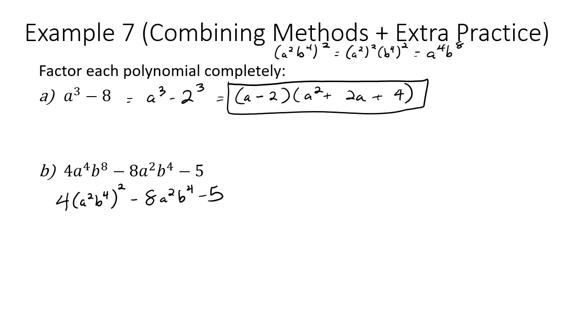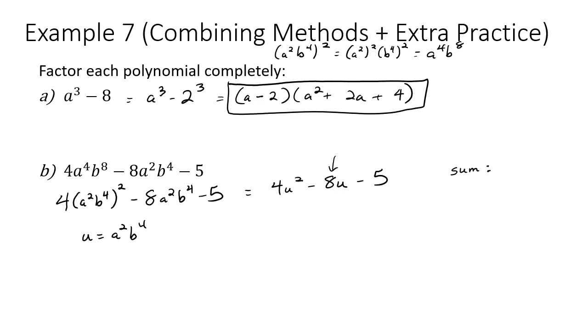So if we do a substitution, if we let u be a squared b to the fourth, this is 4u squared minus 8u minus 5, and now we can factor it like a quadratic.